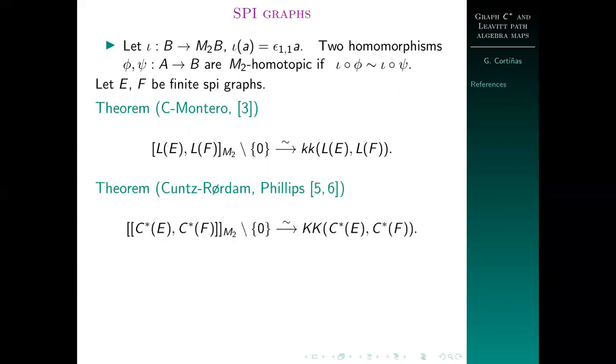This is, in fact, an algebraic version of a pre-existing theorem, partly proved by Kuntz and Rordan in the Rordan paper, and more generally in Phillips' paper on Kirchberg algebras.